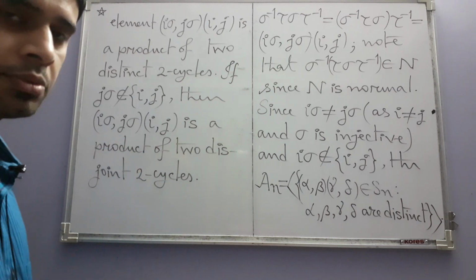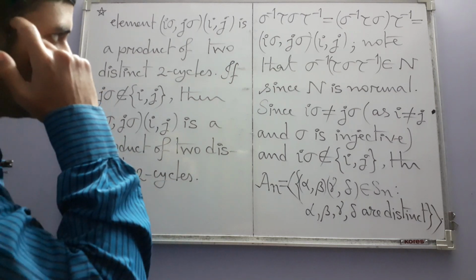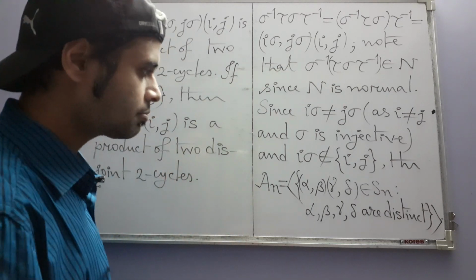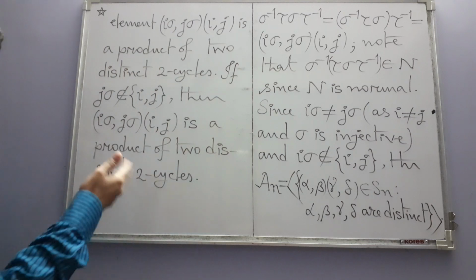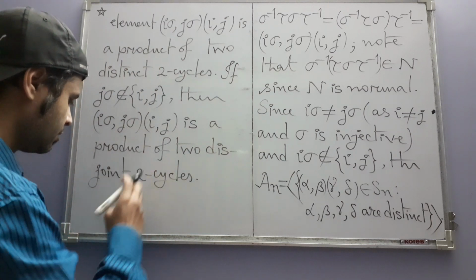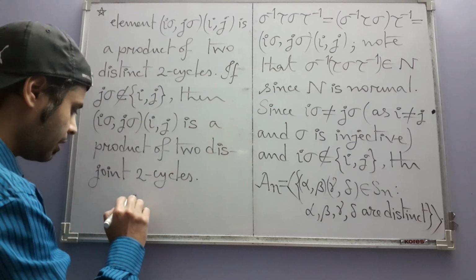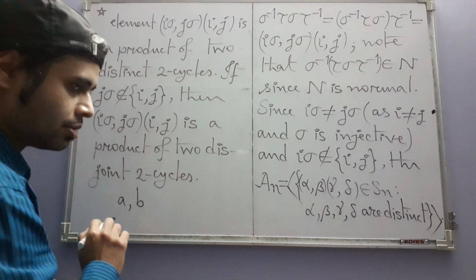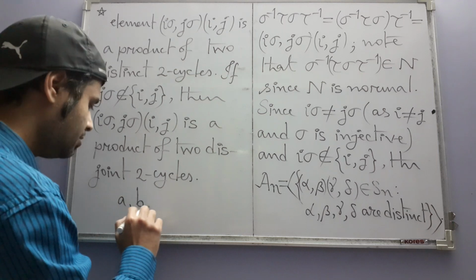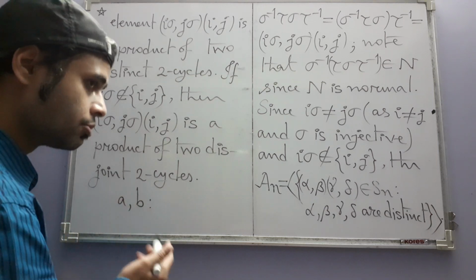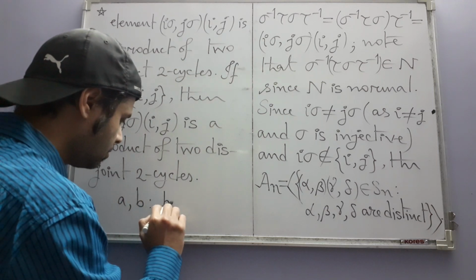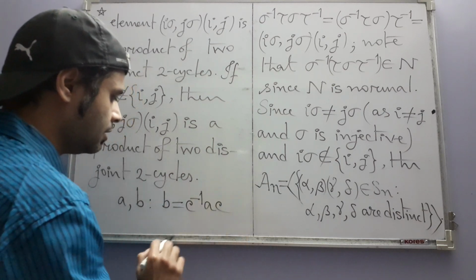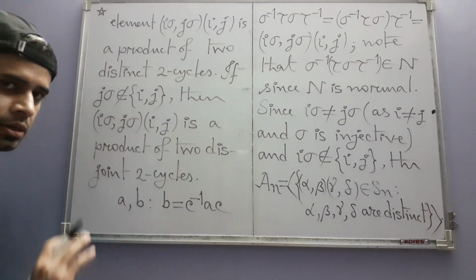Okay, now what happens? Now you again think of the relation of conjugacy. Let us recall, because we are going to use it here, that for any two elements A and B in a group, they are called conjugates of each other if B is equal to C inverse AC for some element C in the group.